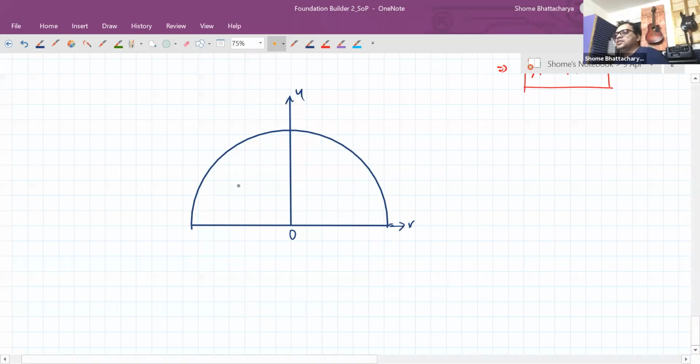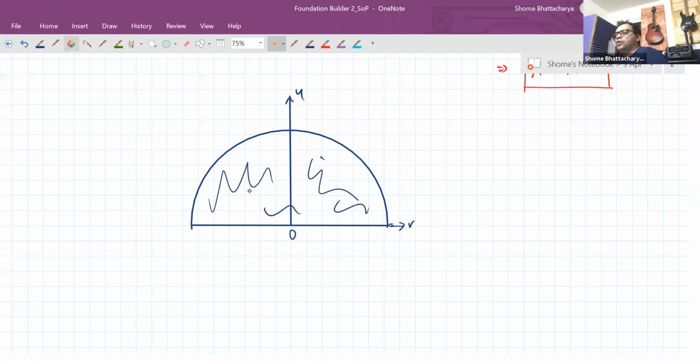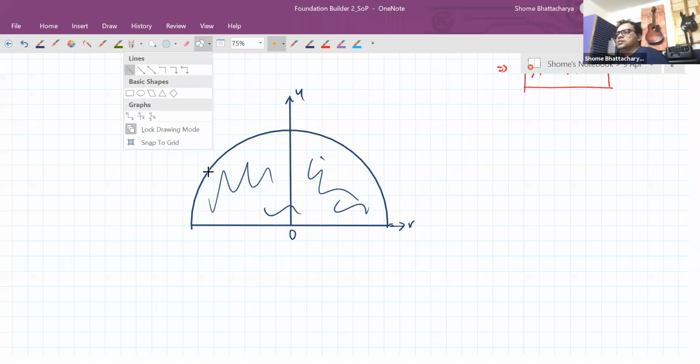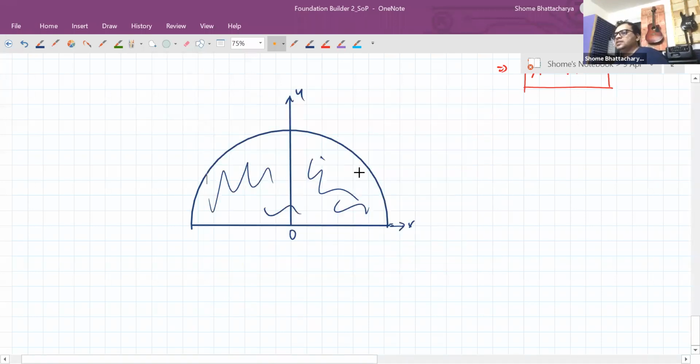So here, instead of slicing our disk into semi rings, if we slice it into horizontal strips, the way we have to set up the integration will be a little bit more complicated.